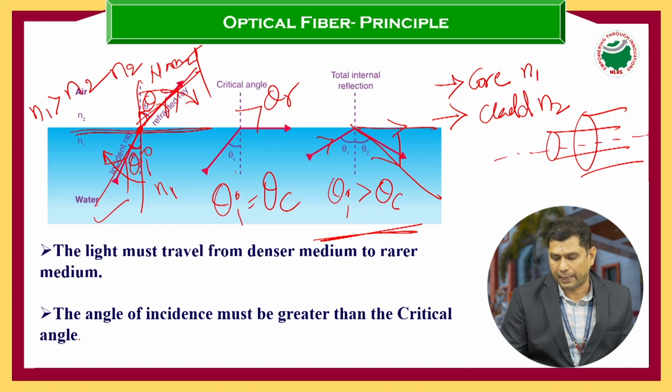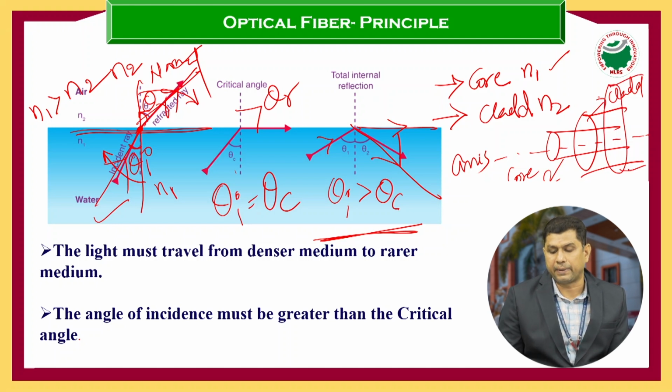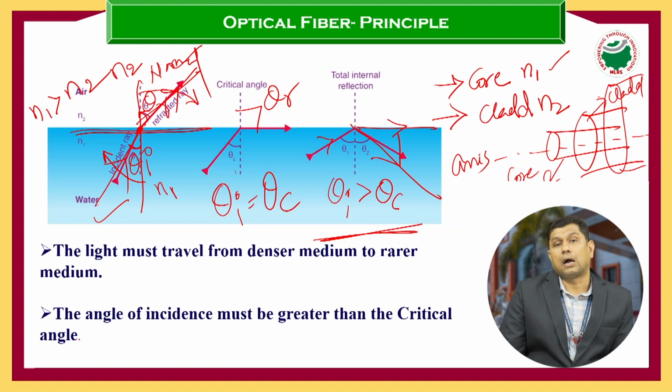If you draw a line at the exact center, that is called the axis of the fiber, and this is called core, and this is called clad. Core is acting as a denser medium, clad is acting as a rarer medium. This clad is surrounded by a medium called the outer jacket or protective skin.